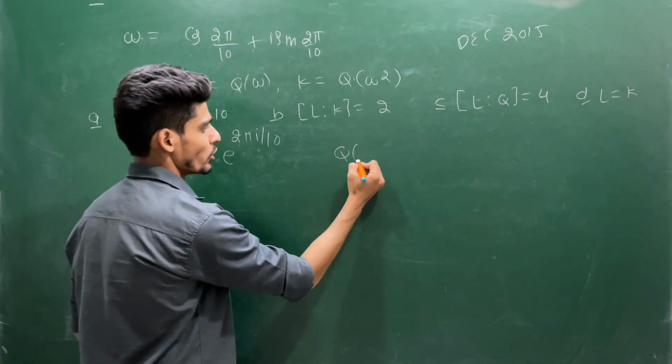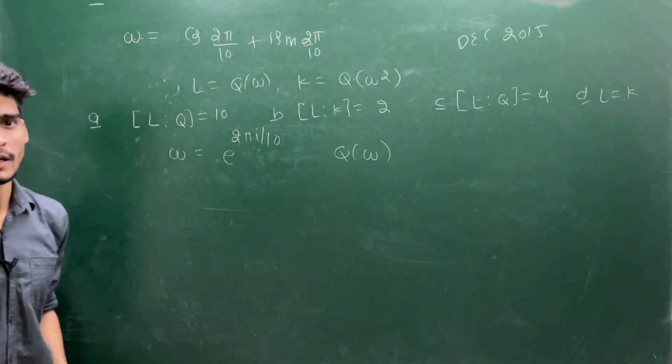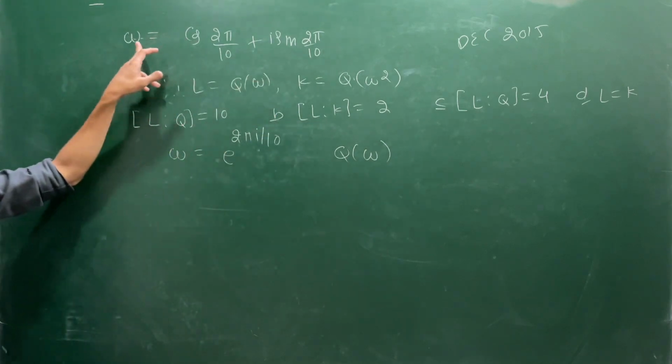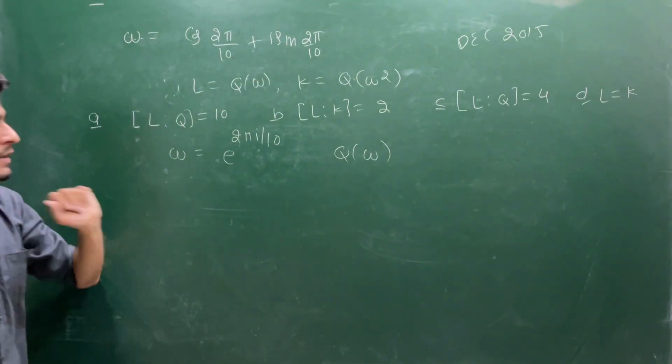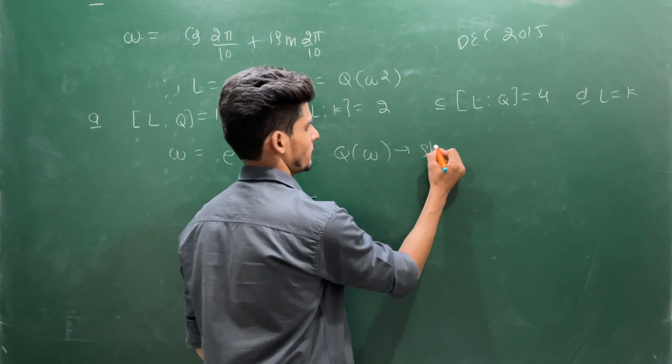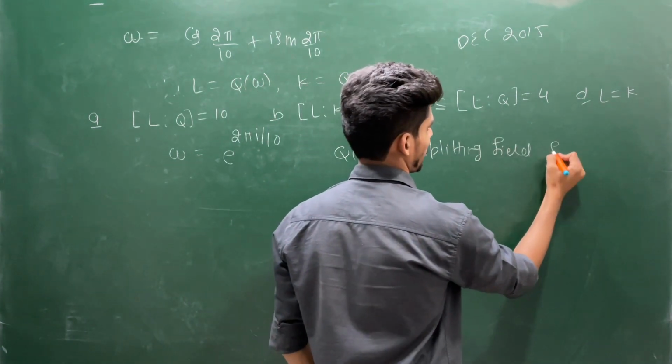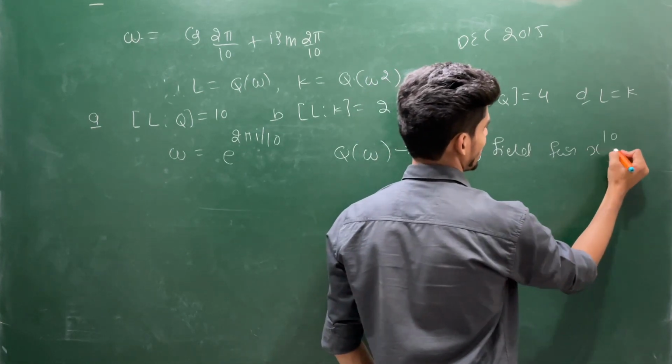So if you are looking at this extension Q adjoin omega, this is nothing but the splitting field, okay, not for omega, this is the splitting field for the polynomial x to the power 10 minus 1.